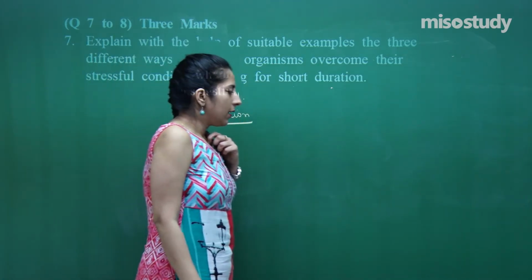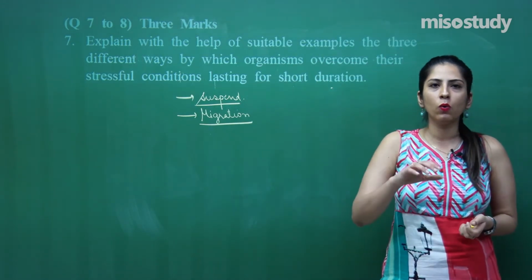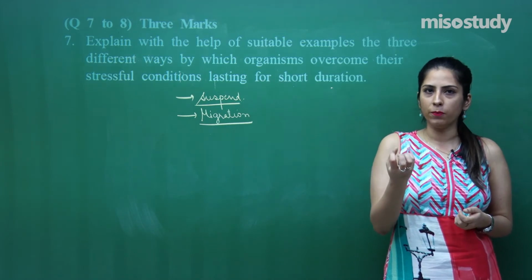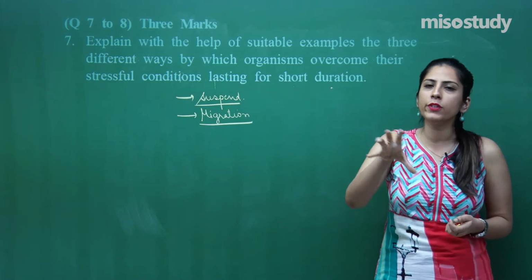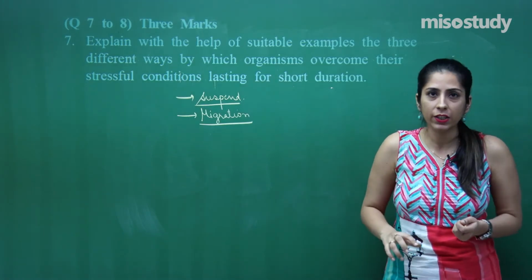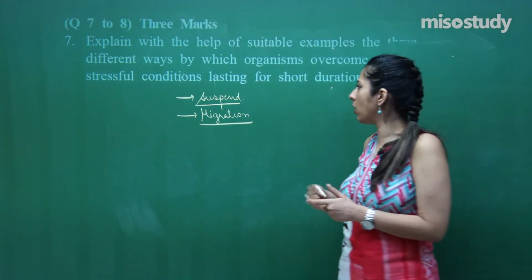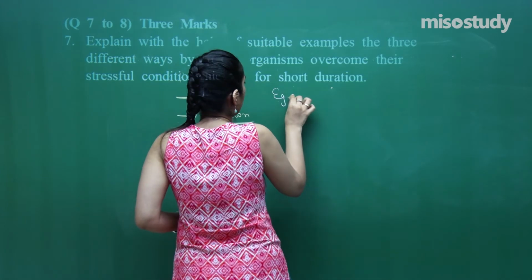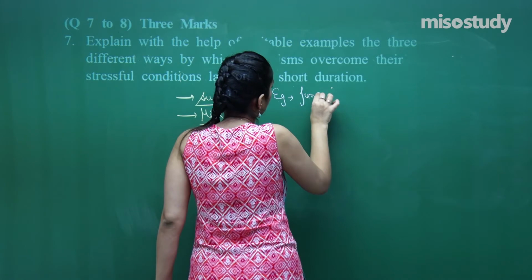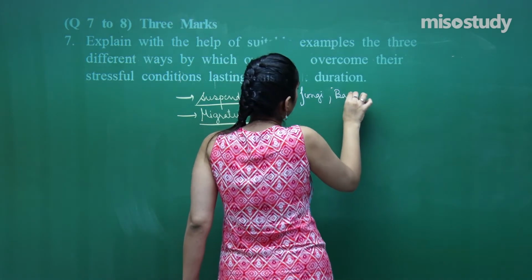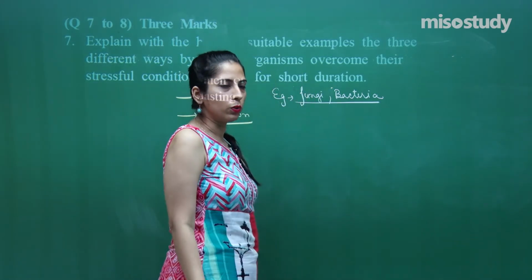Now, suspend means, as we all know, in the case of fungi and lower invertebrates, spores are formed and those spores have a covering around them, due to which they are protected from an unfavorable condition, and when a favorable condition comes, they grow again. In suspend, we have examples such as fungi and bacteria, which produce spores, and they suspend their growth.